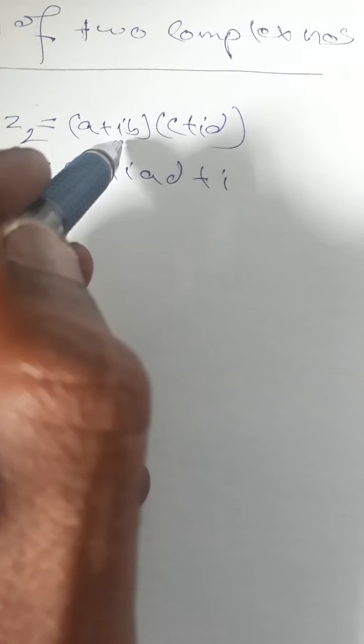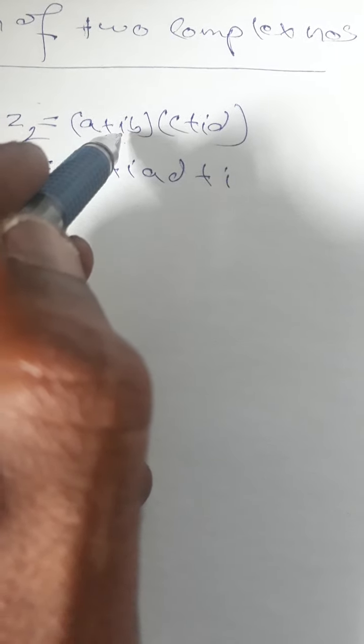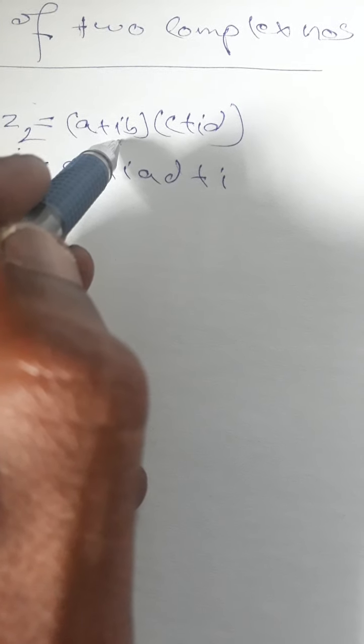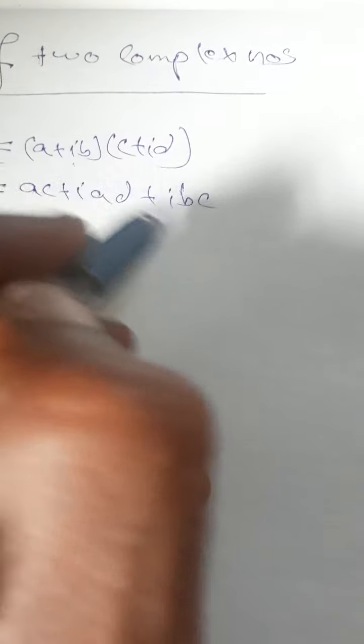So this is equal to a into c plus i into ad plus i into bc plus i square into bd.